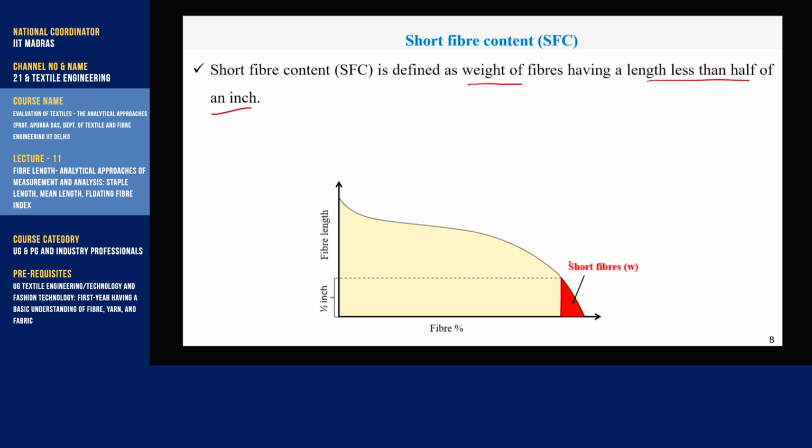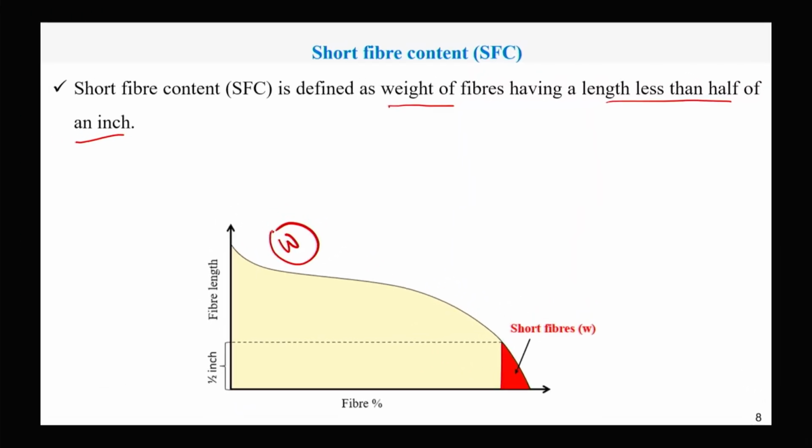So this with the red zone, where if you take the total mass, suppose this is the total mass of the fibers is W, and this short fiber is small w, and it will be w by W times 100, the short fiber content.